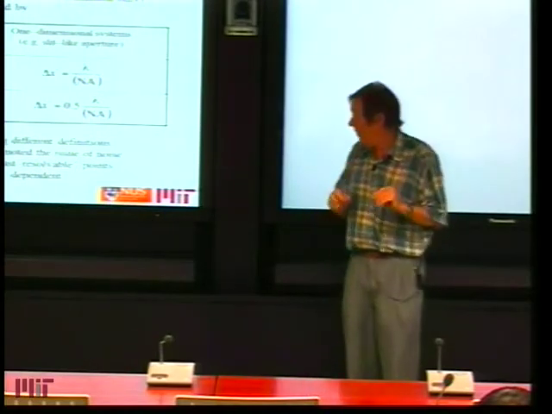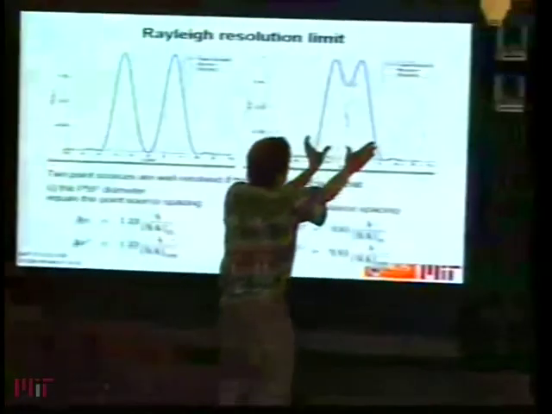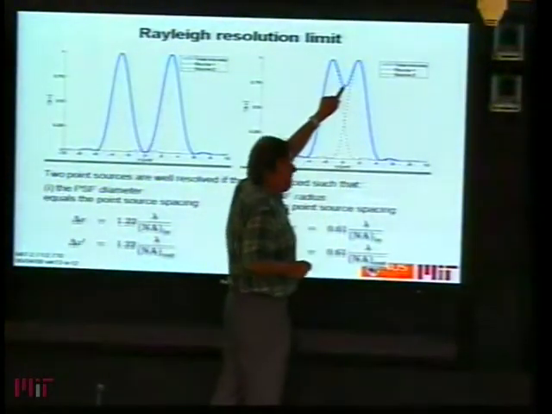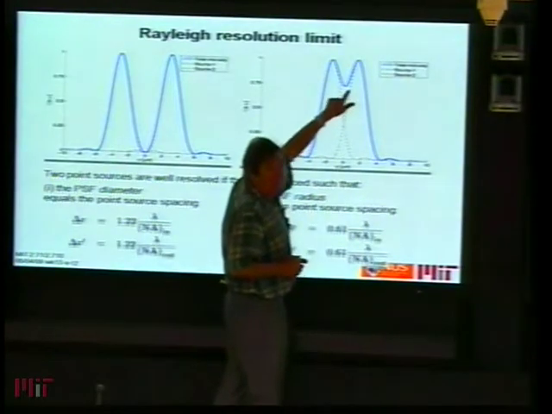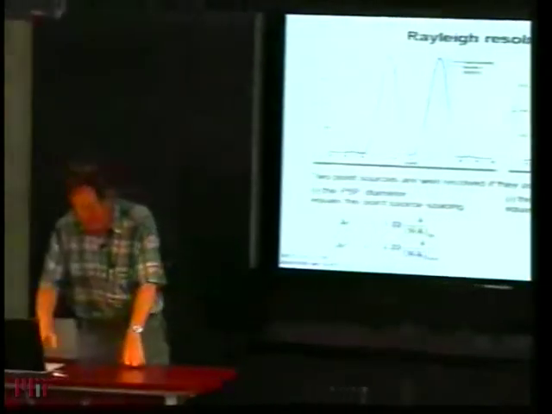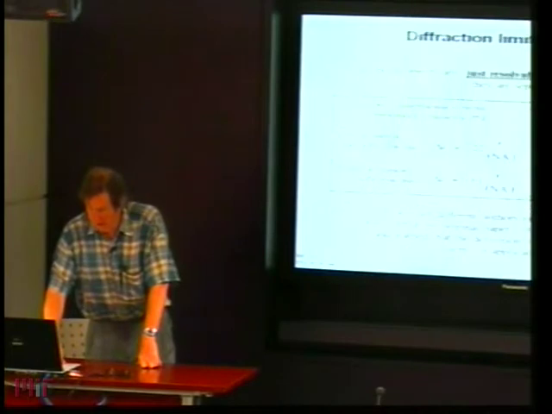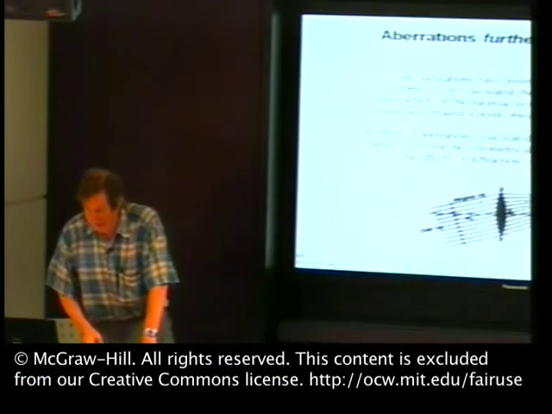If you change the separation slightly more or slightly less than that, this central bit would go up and down quite a lot. So it is quite a sensitive change around that spacing. That gives us some idea that this resolution limit, as it's defined, does mean something anyway.